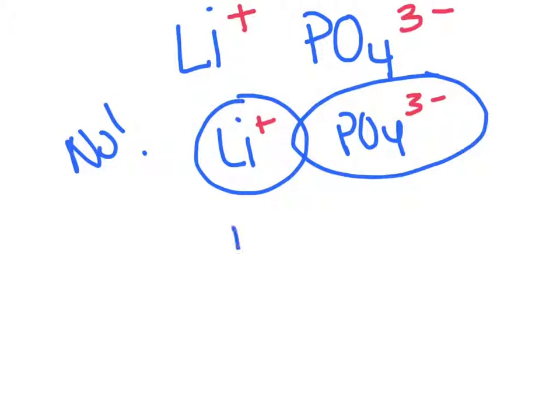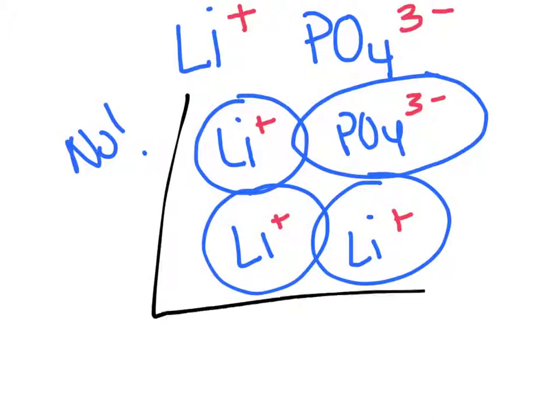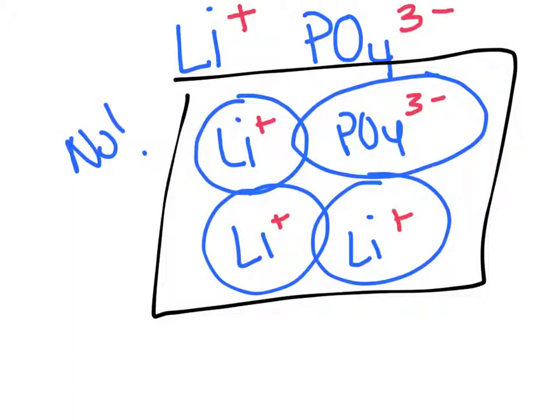Okay, so if you added 2 more lithiums, you were correct. Yay. So see how if I add 2 more lithiums, I get 1, 2, 3 plus, and that balances out the 3 minus. So all of these bonded together are a compound.